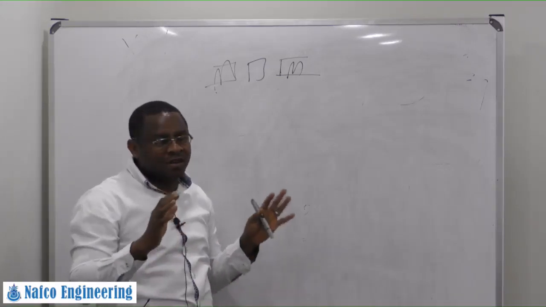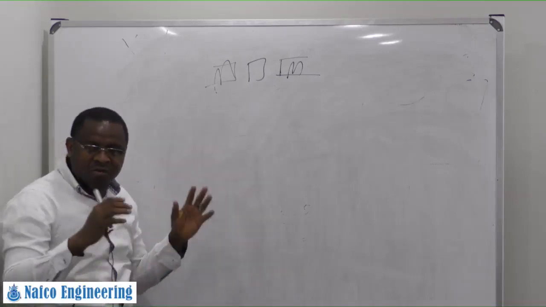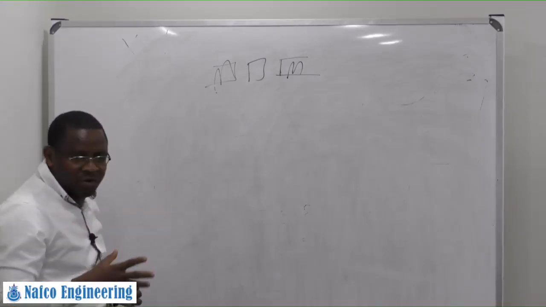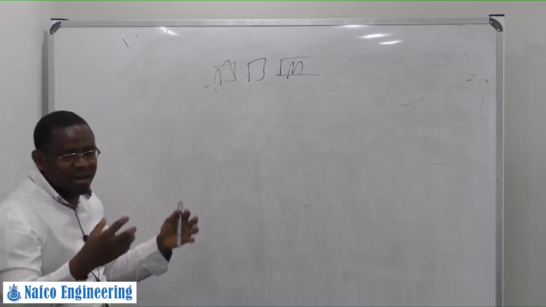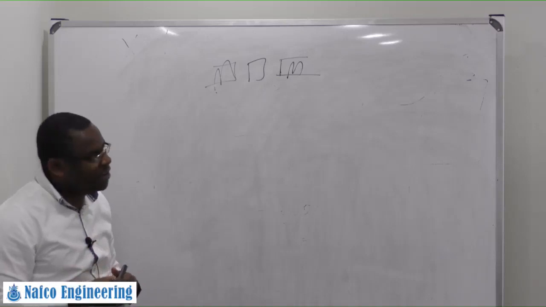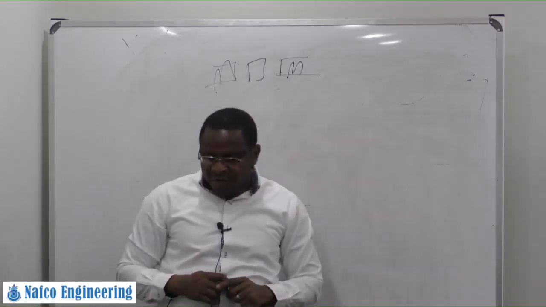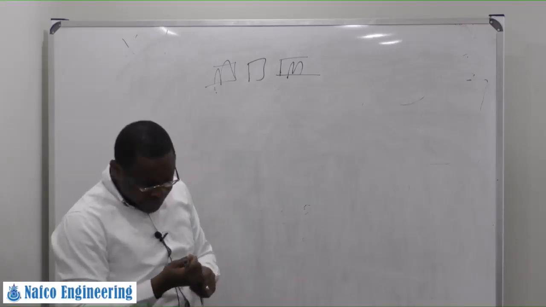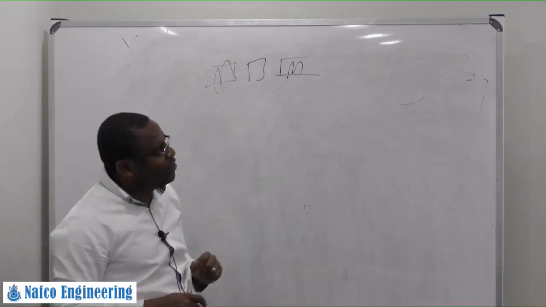That's the difference between induction motor and synchronous motor. A synchronous motor runs at constant speed regardless of how you load it, except if the load is more than the rated load, the rated torque, then it can pull out, it can stop. So the first thing is that the motor can rotate at the speed of the rotating magnetic field.